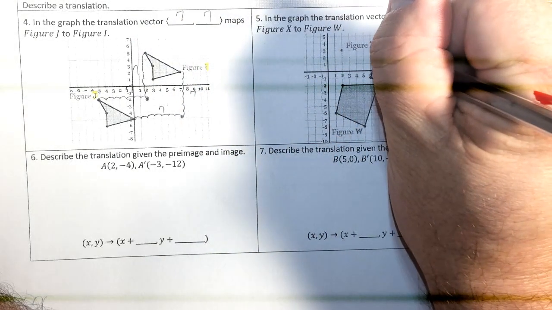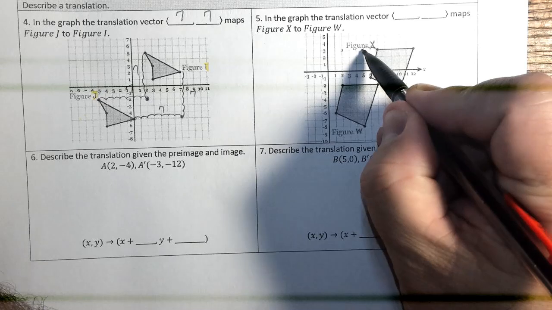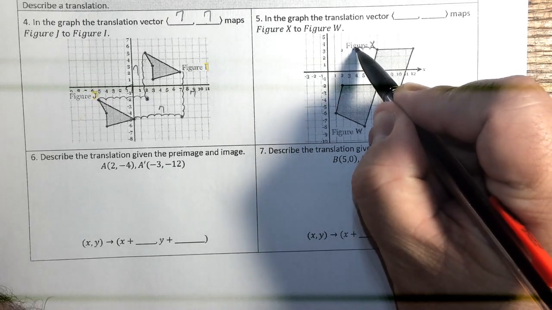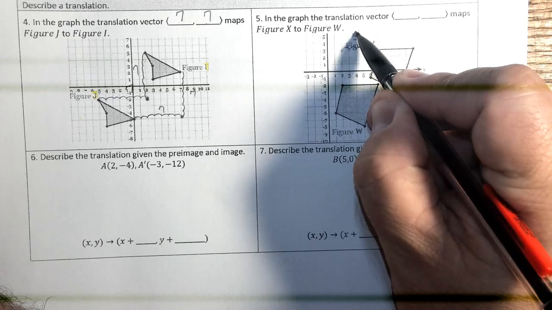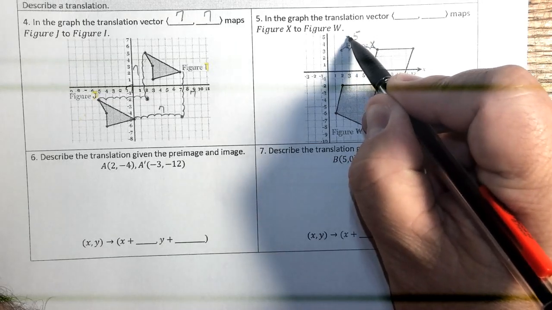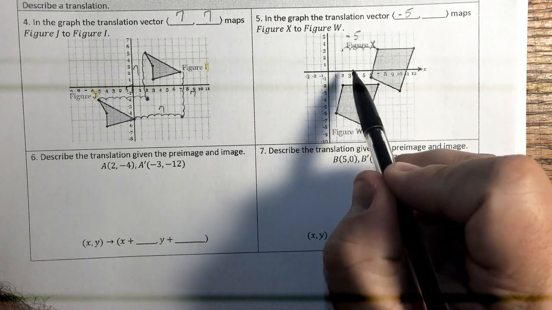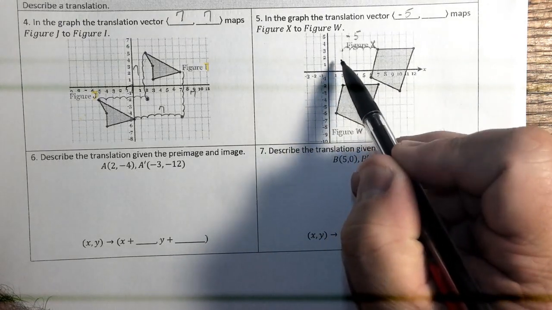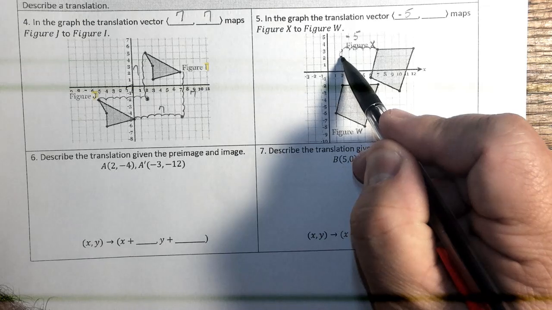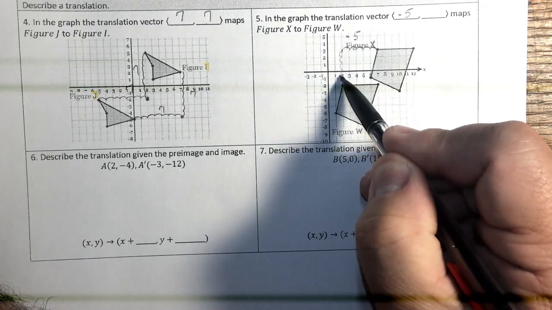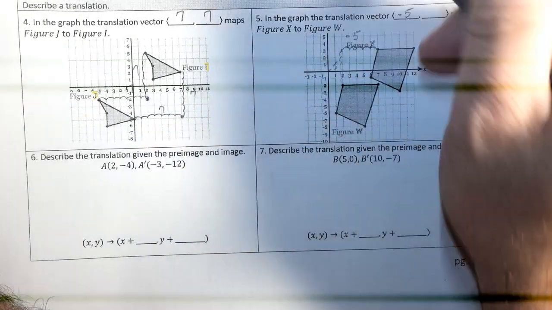So this is 1, 2, 3, 4, 5. And it's to the left, so it's a -5. And from here to here, again, we're going down, so it's going to be another negative number. So 1, 2, 3, 4, 5. So again, -5 because it's going down.